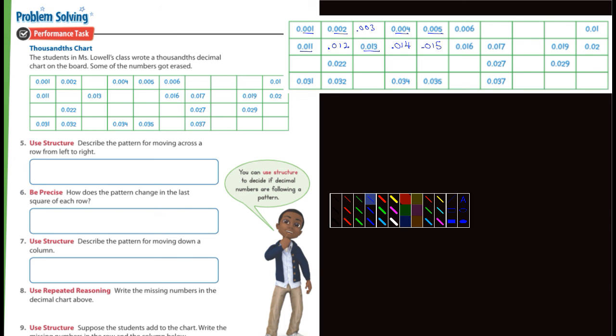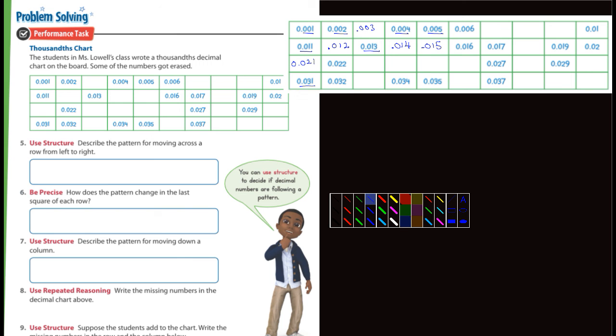Well, let's see here. These are increasing by hundredths. So right here would be 0.021, because this is 0.031. All right.